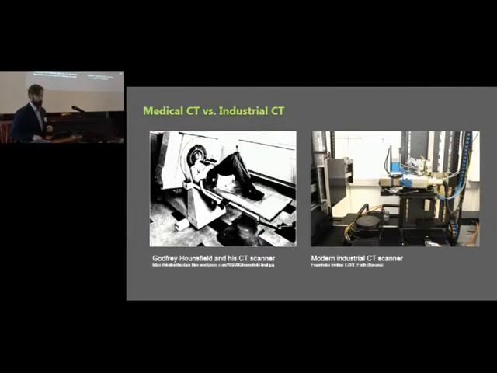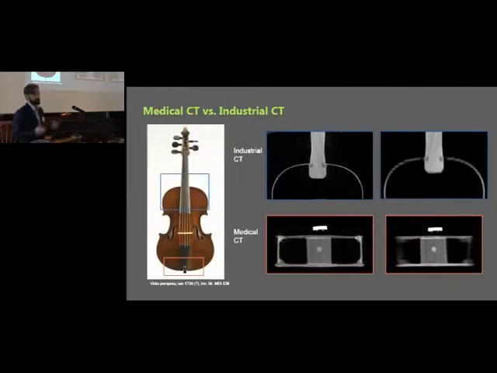Why do we use industrial CT? Because the quality is much better and we can adjust it to our purposes. You can see a medical scanning here. I had to interchange the industrial, yeah, you get it. So if you want to see the connection of this viola pomposa, you can see in the medical picture that there is something, but you don't know exactly what it is.